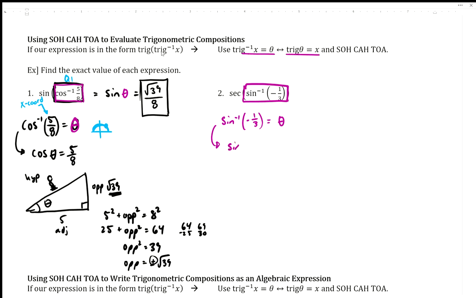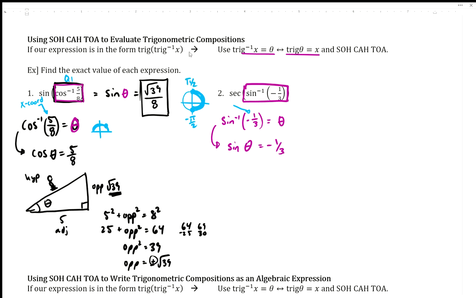So we'll say that sine of that angle, sine of theta, is negative 1/3. Let's use blue again, where we can figure out what this is. Remember that sine inverse puts us between, so I'm just bolding it out, negative pi halves and pi halves.